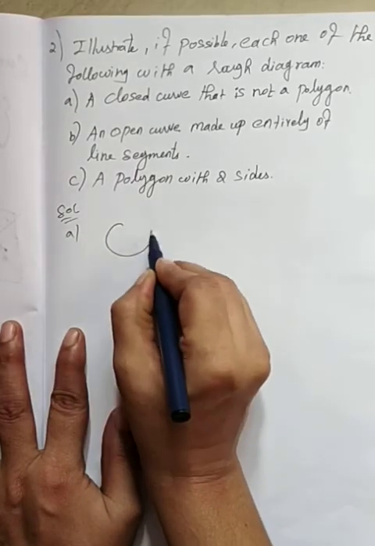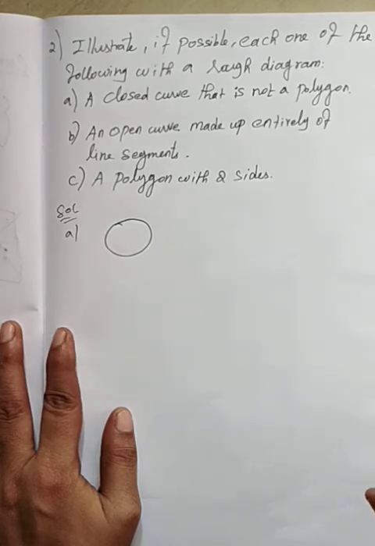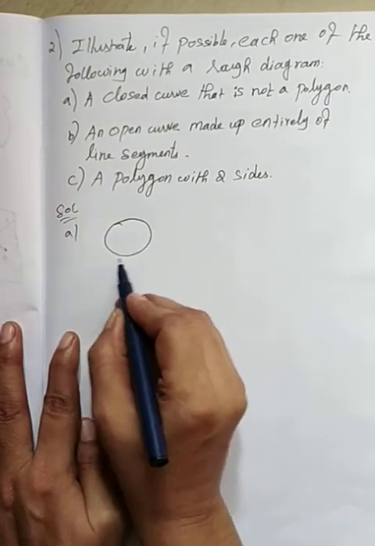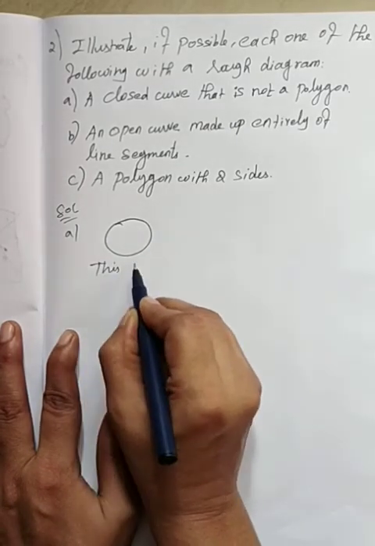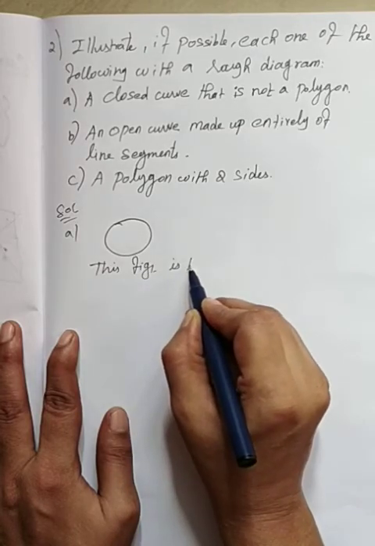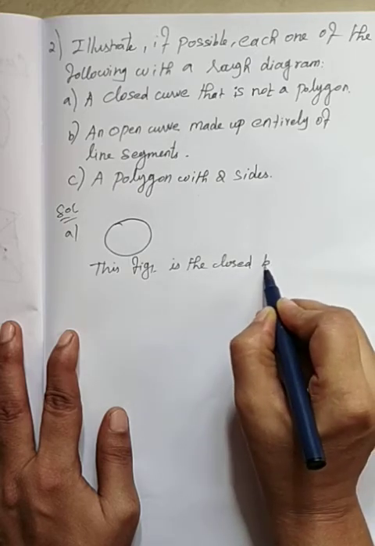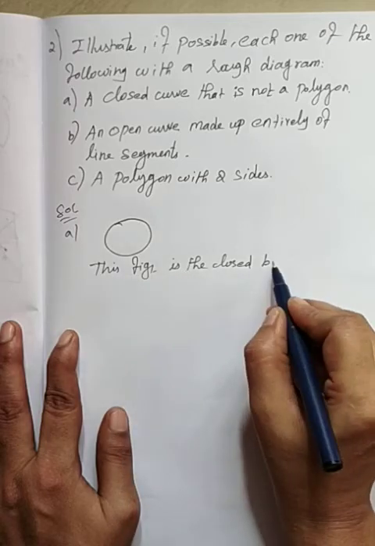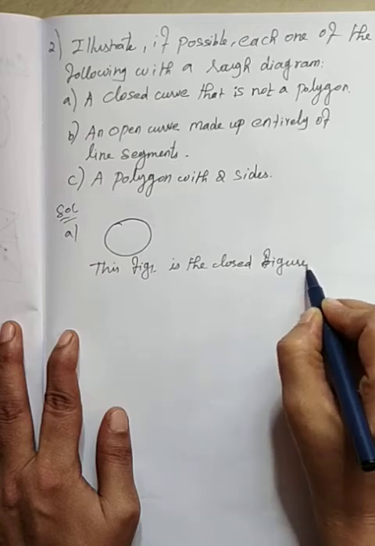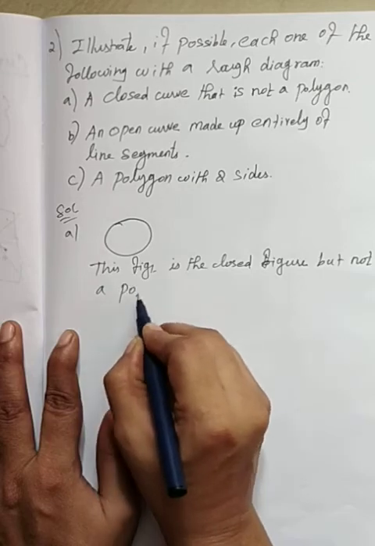See, this is closed, not a polygon. Correct? So this figure is closed but not a polygon. This figure is a closed figure but not a polygon.